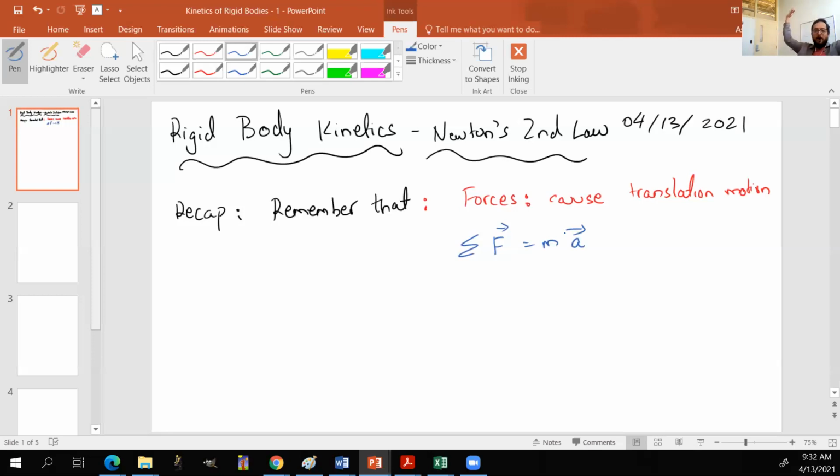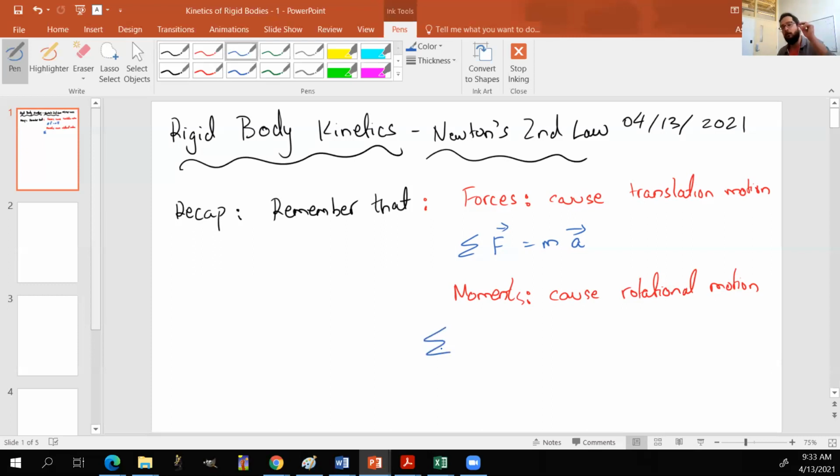Now, long time ago, when we first started dynamics, we'd also said that moments cause rotational motion, right? And that's what we're going to be looking into. The moment can be found about an axis passing through any point.